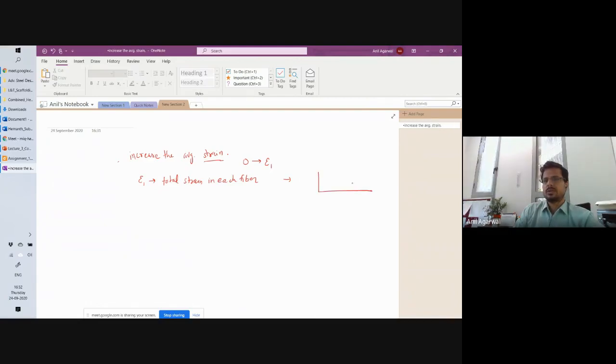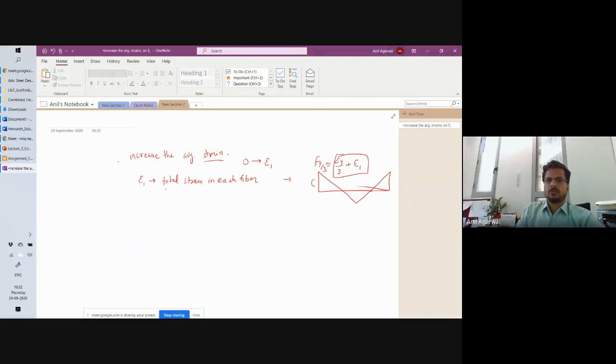Because you were already at some kind of stress. So this was already Fy by 3, that is corresponding to sigma, epsilon y by 3. So for this particular fiber, if let's say this is in compression, this was already in compression, and now I have increased this by epsilon 1. So the new strain will be this much.